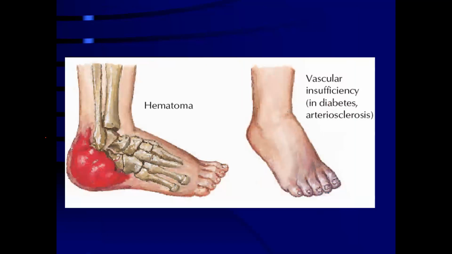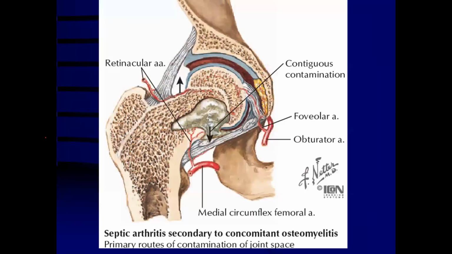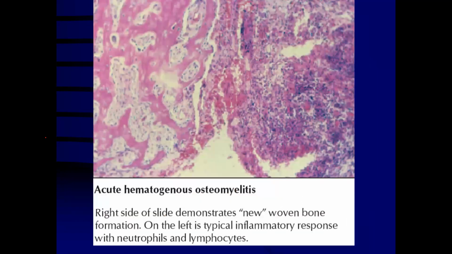You can have a hematoma in the heel, and you can end up having an insufficiency and infection. These are the routes by which you can have it. This is showing the hip, where you can have an infection going through the inferior neck of the femur into the capsule.